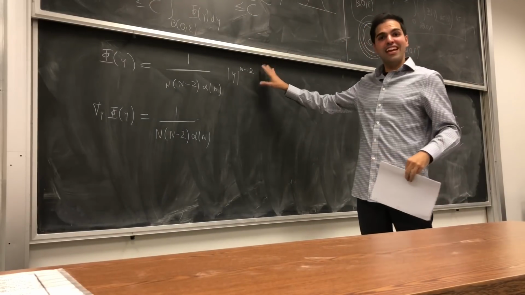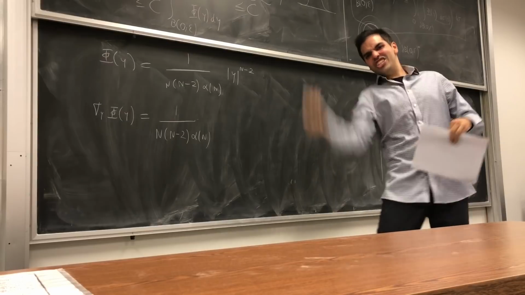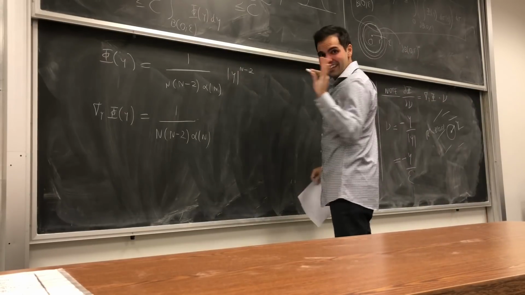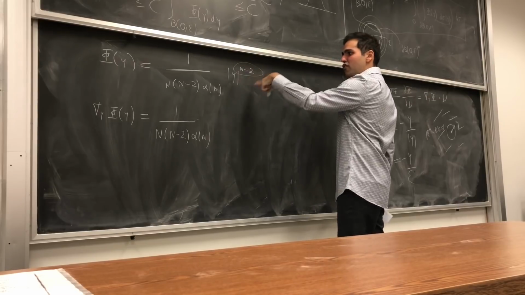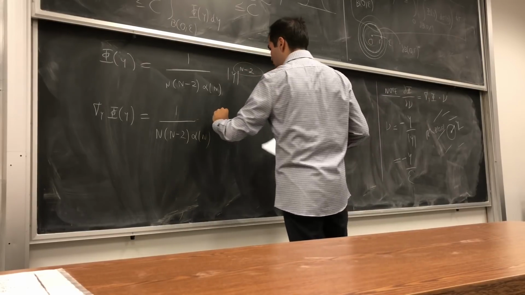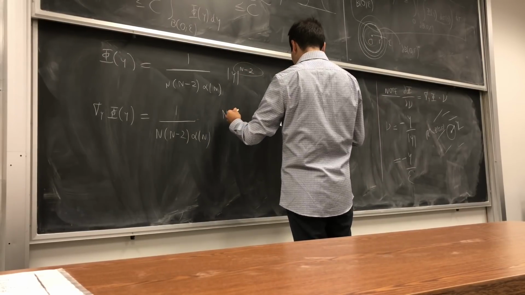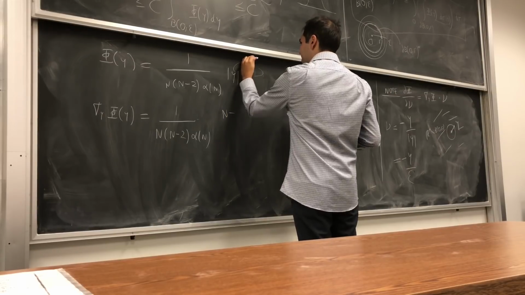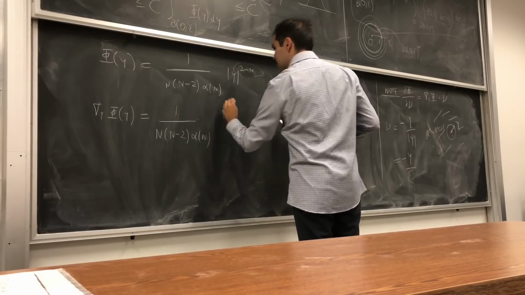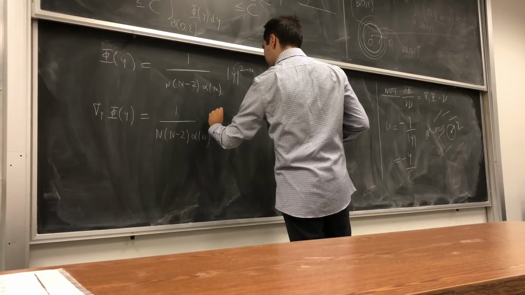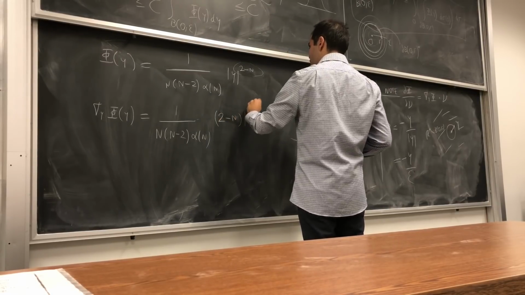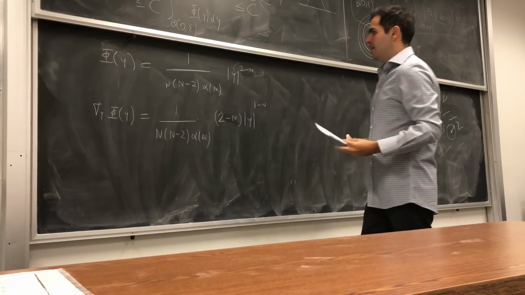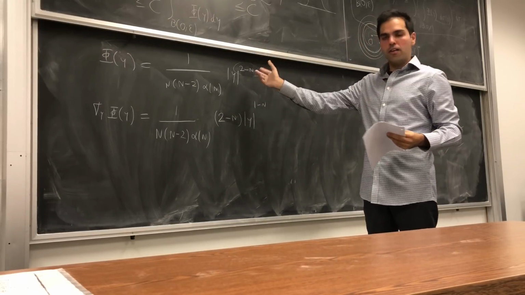And now let's differentiate this using the chain rule. Okay, there's something subtle going on here. First of all, let's use the power rule. So n minus 2, sorry, there should be a 2 minus n. 2 minus n, differentiate that, absolute value of y to the 1 minus n. That's the power part of it.